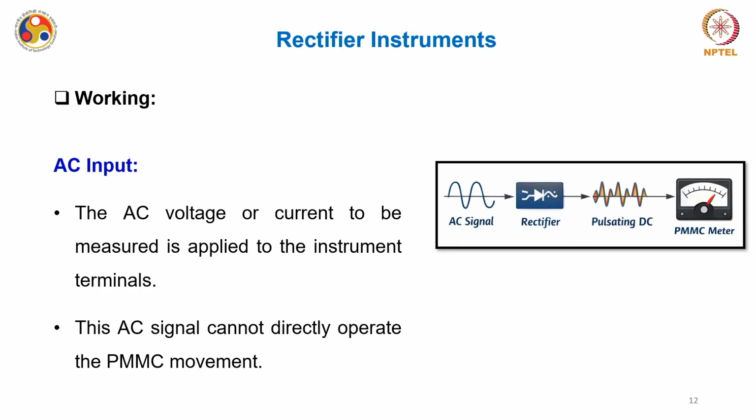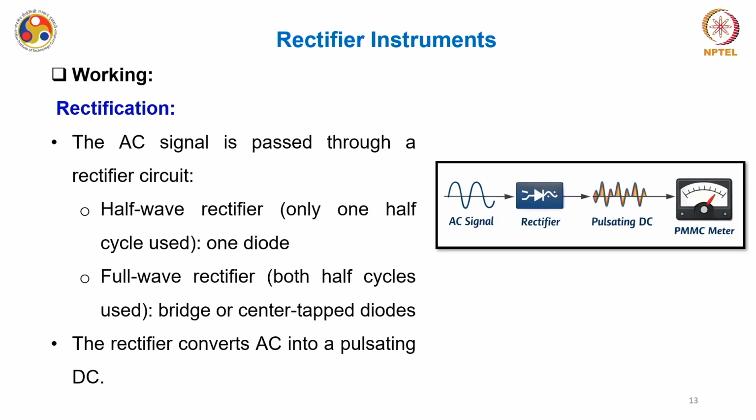So, let us try to understand these three stages. The first is the AC input. AC voltage or current, whatever you want to measure, is applied to the instrument terminals through the rectifier junctions. And this AC signal of course cannot directly operate the PMMC instrument, and that is why the rectifier is in place.